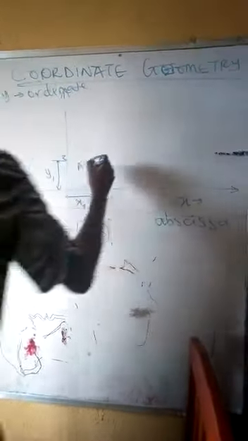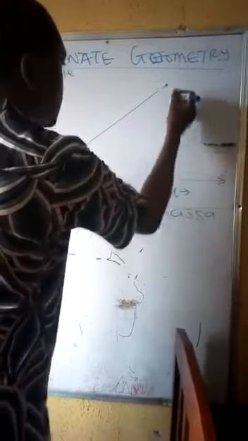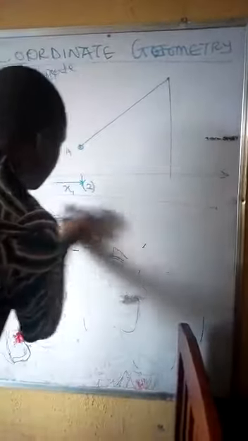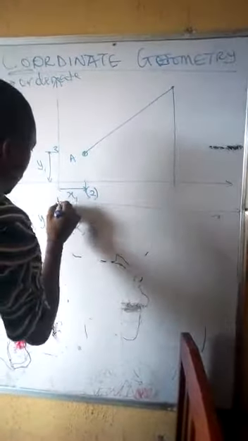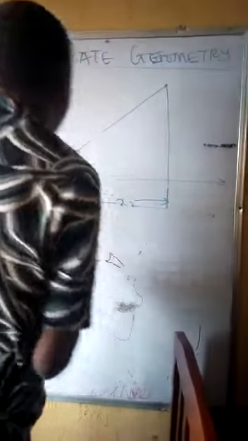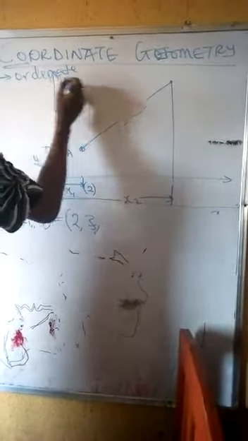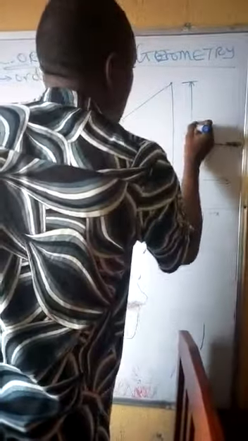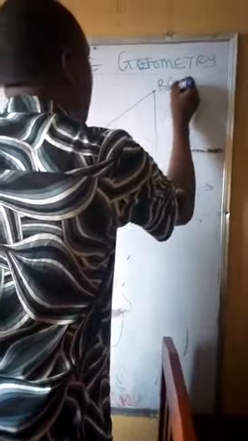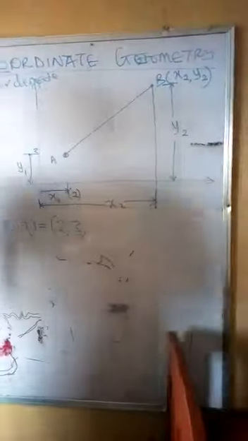So let's take another point, point B. Here, the distance from the y-axis is x2 and the distance from the x-axis is y2. So this point will have coordinate x2, y2.